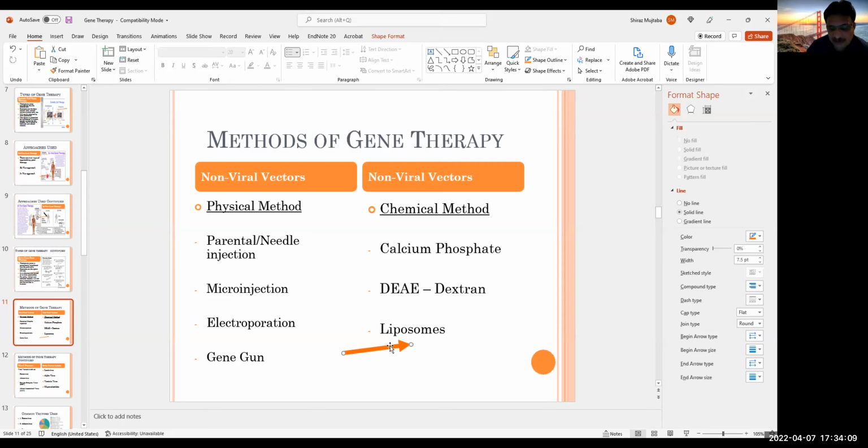So we can design specific liposomes depending upon which cells to target. Liposomes are lipid bags with a bilayer and a sphere, and the DNA, these nucleotides, will be encapsulated in this small lipid bag, and they can go and merge with the cell, and then the DNA is delivered.